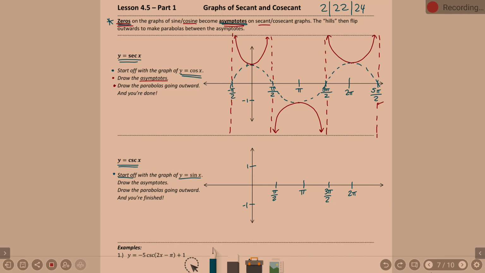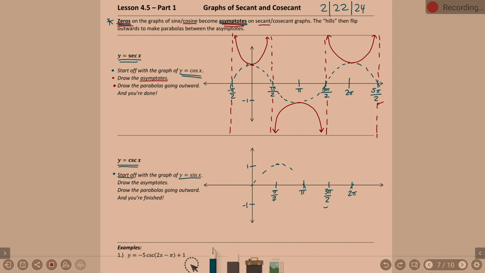Can you visualize sine? What does sine do? Sine starts at the origin, and then the first thing it's going to do is have a max above pi over 2. Then it's going to cross at pi, a minimum under 3 pi over 2, and cross at 2 pi.